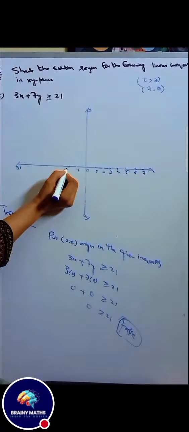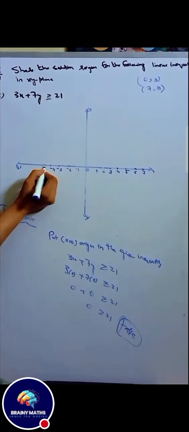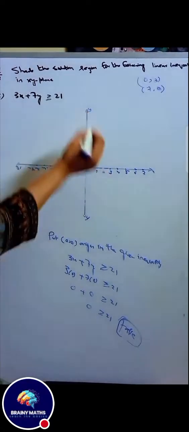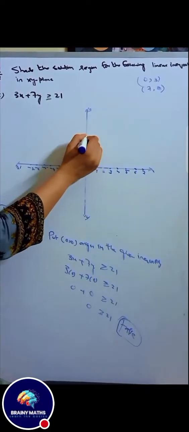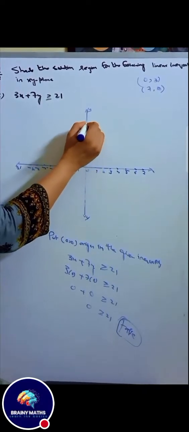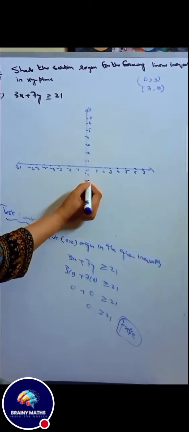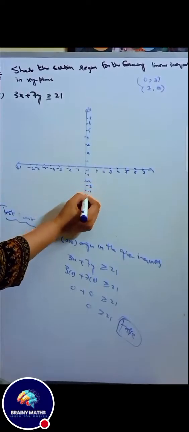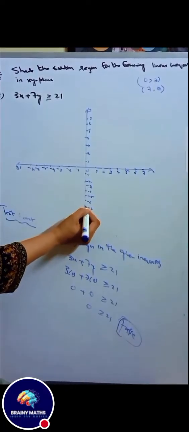Opposite: minus 1, minus 2, minus 3, minus 4, minus 5, minus 6, minus 7. Now up: 1, 2, 3, 4, 5, 6, 7. Down: minus 1, minus 2, minus 3, minus 4, minus 5, minus 6, minus 7.